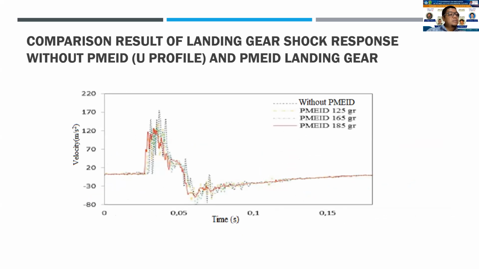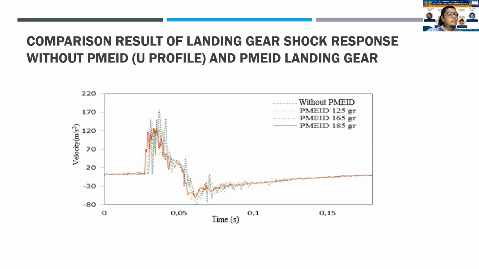In the comparison of the landing gear shock response without PMID and with PMID landing gear, the decrease of the response of the maximum acceleration amplitude of the vibration for the mass variation of 125 gram is 13.86%.